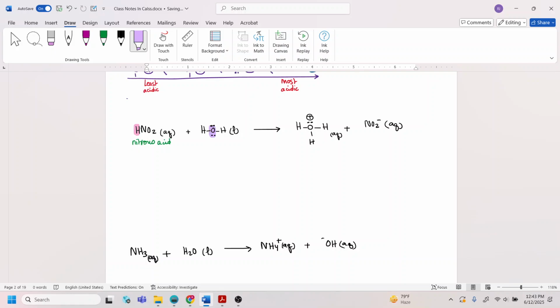So I'm just going to go ahead and label the basic site. And I would go by this definition that the reactions always start from, so this one's going to be the Bronsted-Lowry base, and this one is going to be the Bronsted-Lowry acid. Okay, so always the reaction starts from the base.